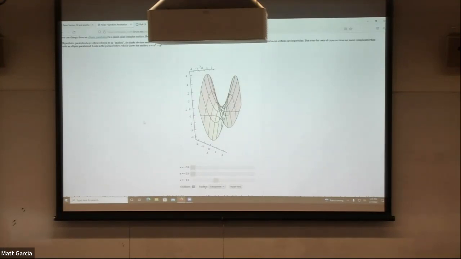So before I touch any sliders here, what will I get if I take a cross section where X is constant? Yeah, a parabola. Let's see. Yes, look at that. It's a parabola that opens down.